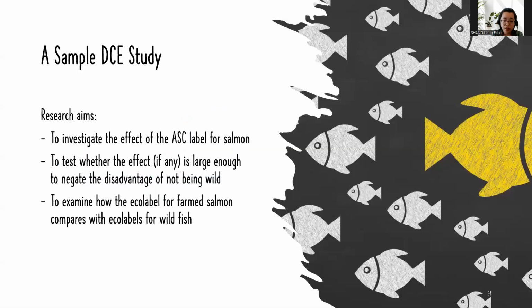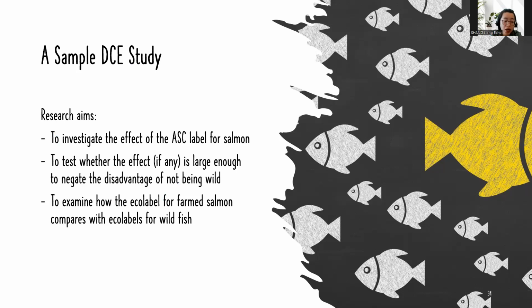So here is the research objective for the authors that implemented this DCE study. They want to know the effects of this label, whether the consumers value this label or not, and whether having this label will impact individuals' purchasing decisions.